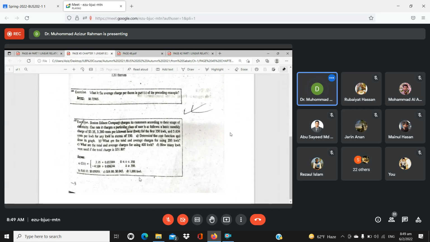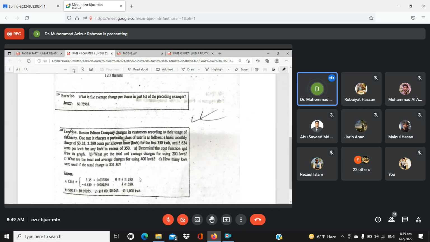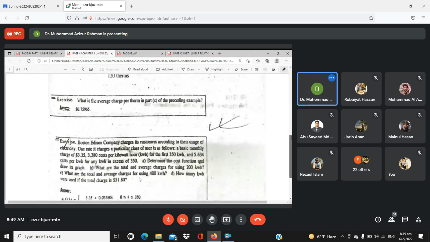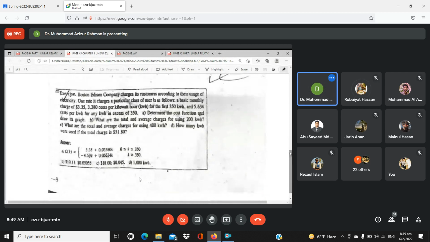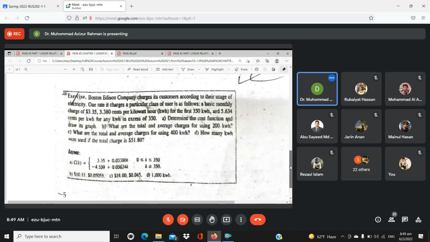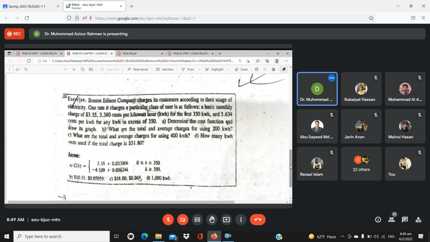This is the problem. Page 45, can you see? Yes, sir. So Boston, you read the question. It's a similar problem. Read the question and see.